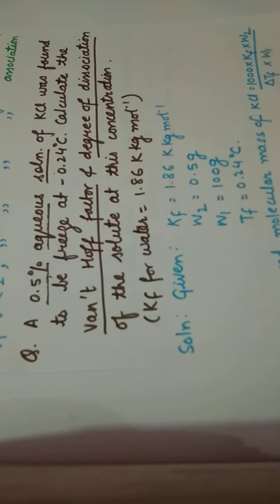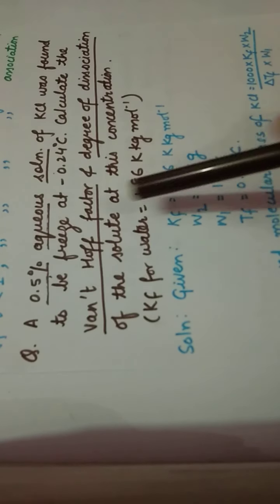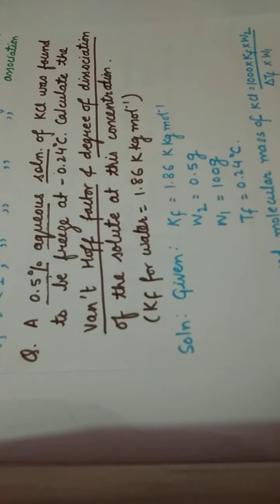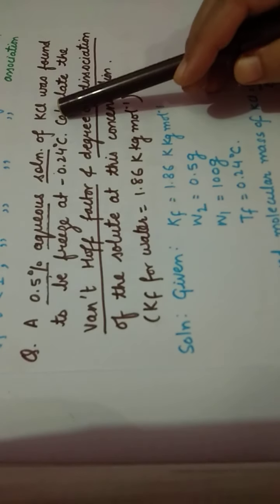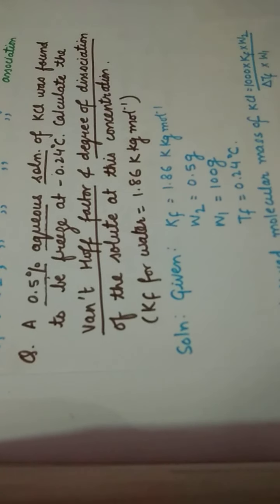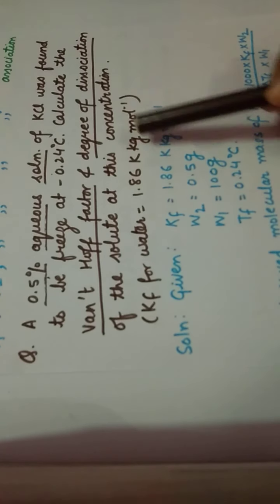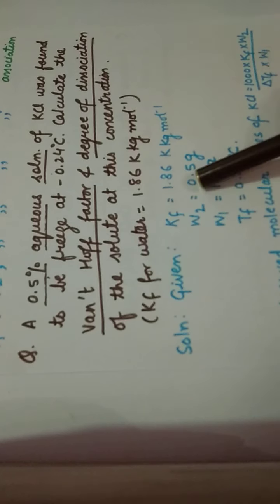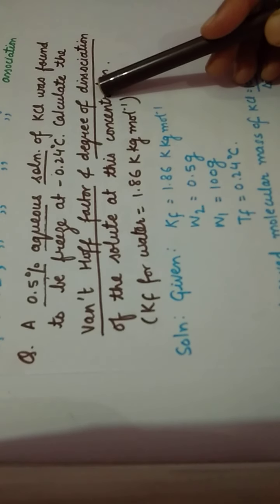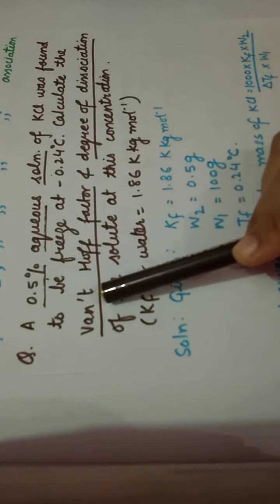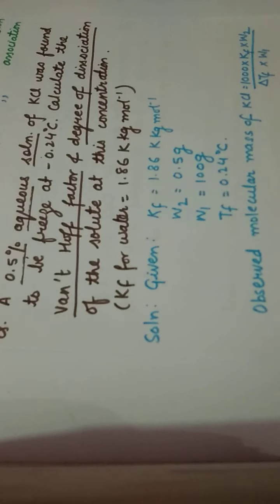You already know that in case of KCl, it is dissociation, and in dissociation the value of i is greater than 1. So you need to find the degree of dissociation and the value of the Van't Hoff factor.